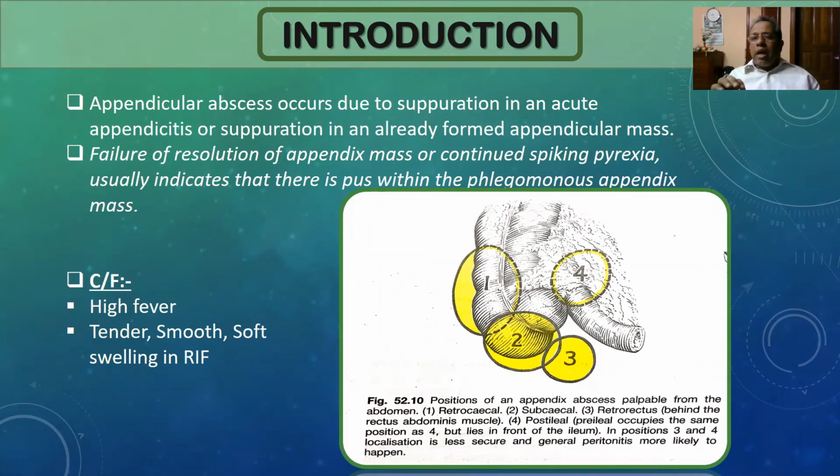The anatomical position of the appendix dictates the location of the abscess. If the appendix is retrocecal, the cecum is pushed forward and the abscess forms behind the cecum. Only in that case is it possible to make an incision over the skin and muscles.